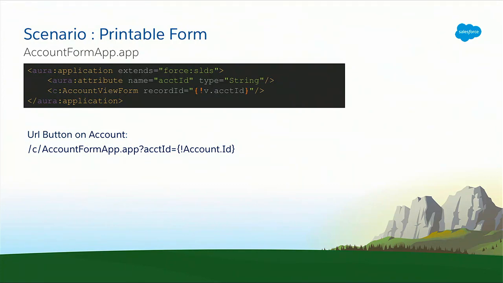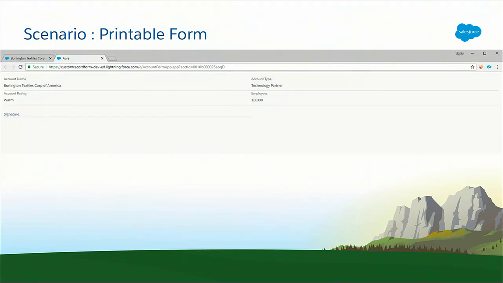And then I created a URL button. I have a URL button on account, and that's passing in the URL for the Lightning app with the account ID passed in. What that does is it opens a new tab, and it allows me to see my list of fields without all the sales app stuff, right?